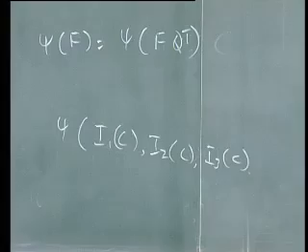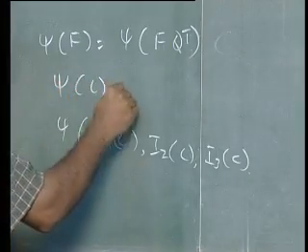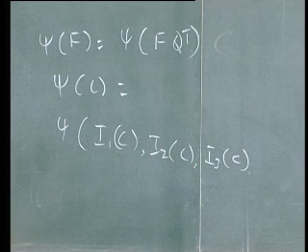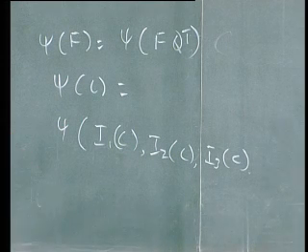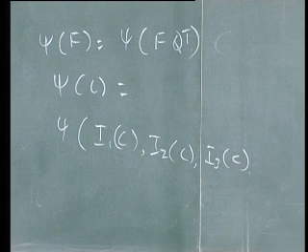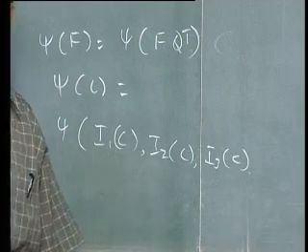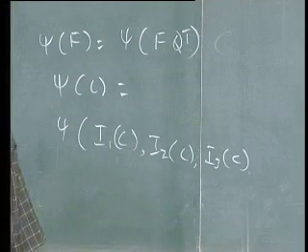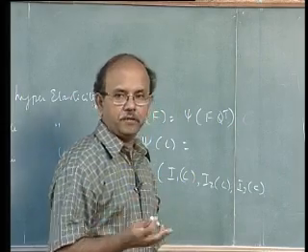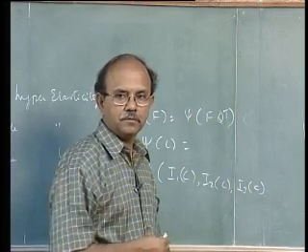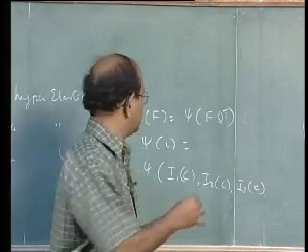So suppose I write this as C, tell me how this function should behave if it were to be an isotropic material. What is C? It is F transpose F.